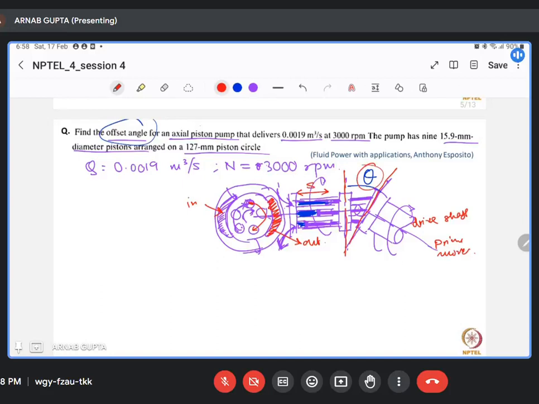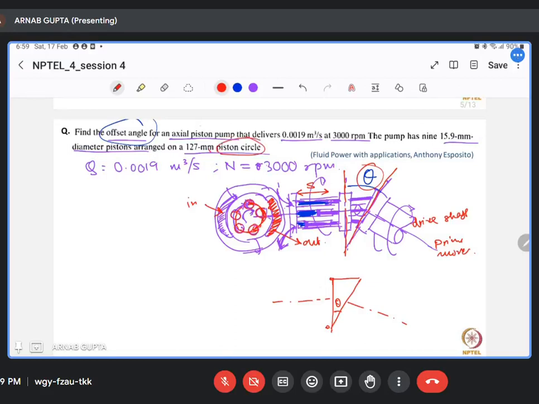If we look at it in a simplified manner, suppose this is your one shaft and this is another shaft, and this is theta, and this distance is the pitch circle diameter of these pistons. The pistons are arranged around this circle, which is called the piston circle.